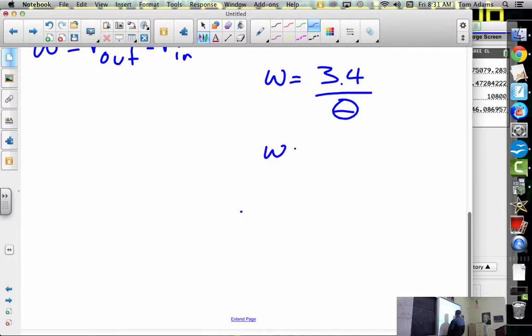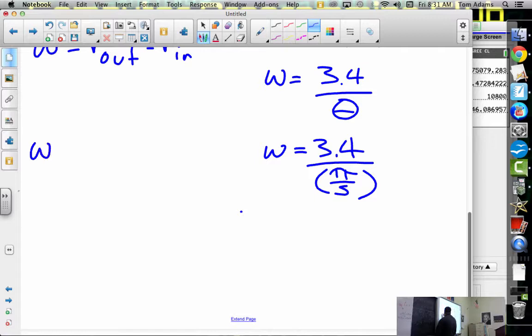But we know what theta is. It's pi over 5. Now remember that when you divide by a fraction, you multiply by the reciprocal, so the width is really 3.4 times 5 over pi.